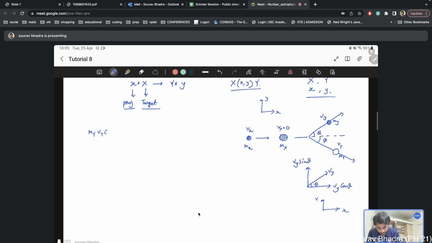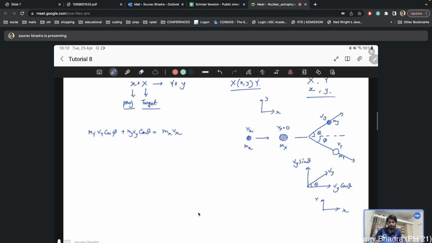So my Vy cos phi, that means the x component of momentum of capital Y mass, plus my Vy cos theta, that is the x component of momentum of the small y, equals the initial momentum, which was all along the x direction.